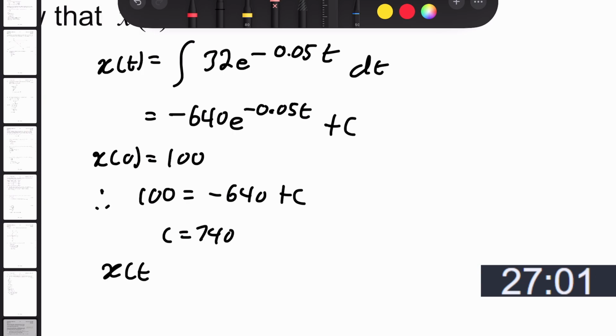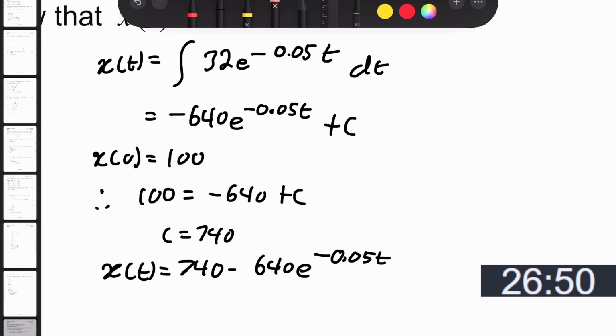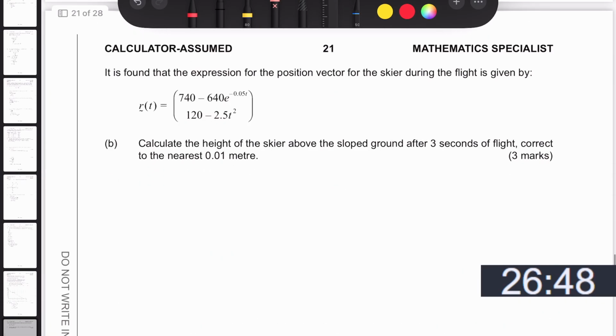So then x of t is equal to 740 minus 640e^(negative 0.05t). It is found that the expression for the position vector of the skier in flight is this.